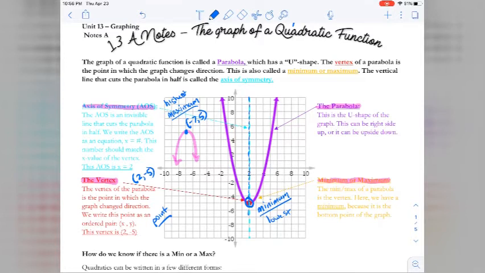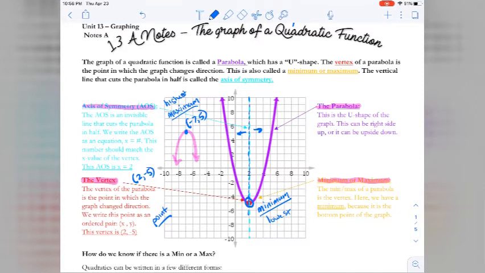Now, if you notice, the graph looks exactly the same on both sides of that line. It's symmetrical on the right and left, which is why we call it the axis of symmetry. And so it helps us out when we start graphing it.